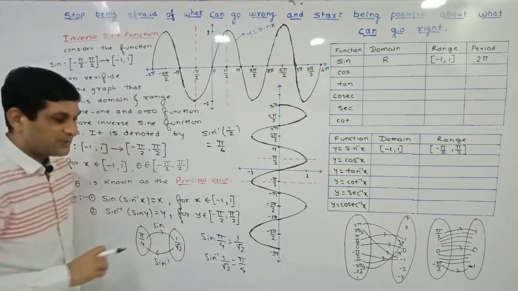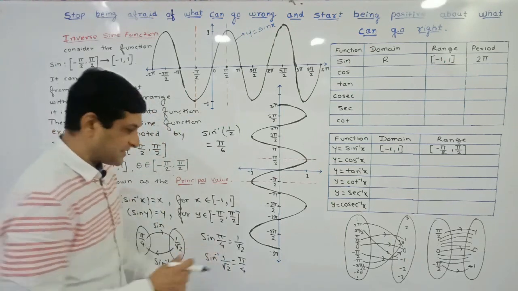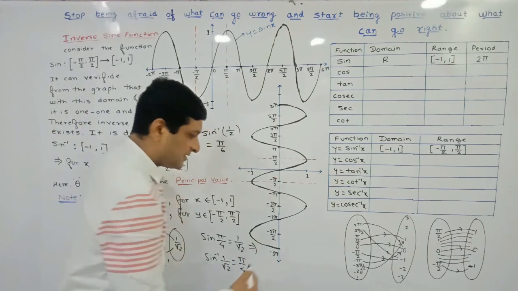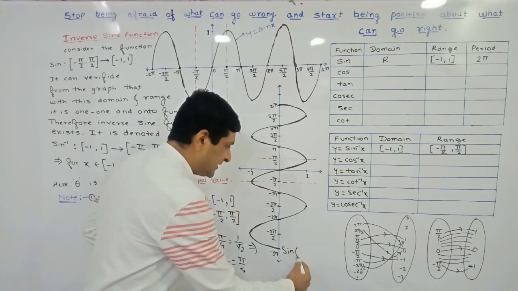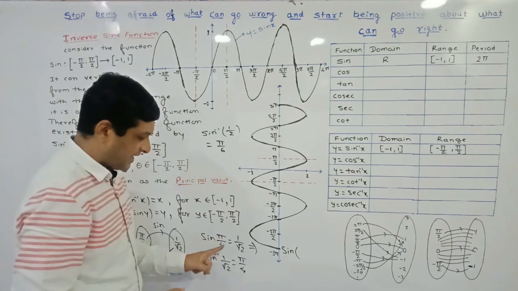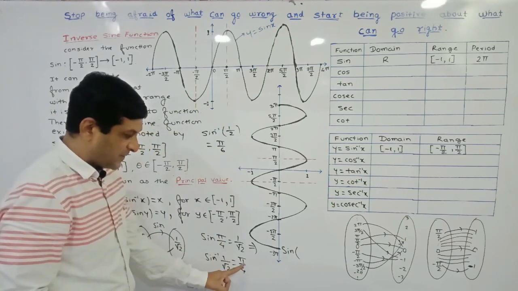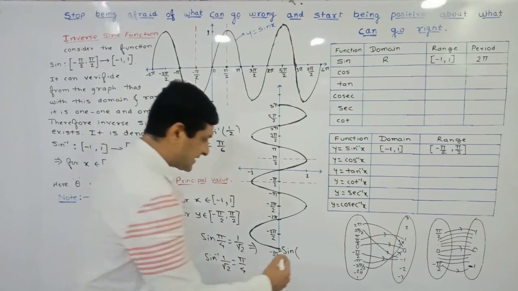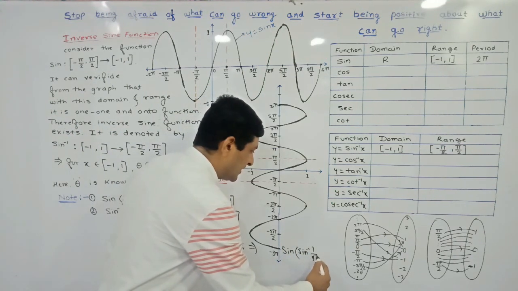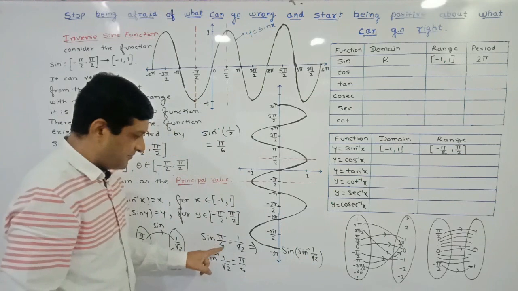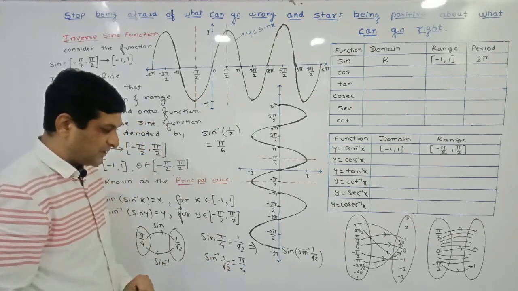Okay, so now let us simplify this result, which implies that, observe, sine keep it as it is, I am not disturbing sine. Here pi by 4, can I replace this pi by 4 by its value? What is the value of pi by 4? Sine inverse of 1 by root 2. So I have simply replaced pi by 4 by its value, sine inverse of 1 by root 2.